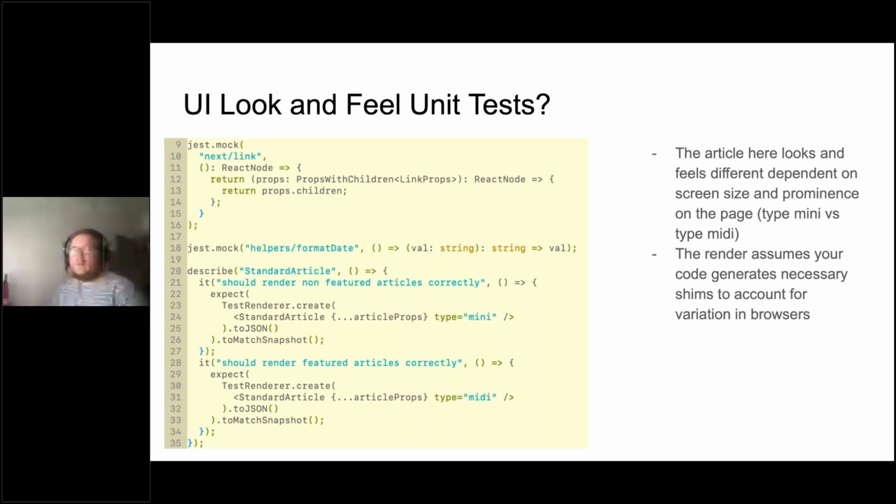But if you are, then there are shims that you can put in that will be generated, and you can assume that the best variant of what you're doing will be generated by those shims. If you end up writing the shims yourself, then you have to test them yourself, and then it gets more painful. So again, this is a unit test, but it's a unit test for design, so that's a bit weird. The previous one was a unit test, but it was a unit test for infrastructure, and that's very weird. But they're both possible. You can do them both, and they do replace some amount of effort, I think.